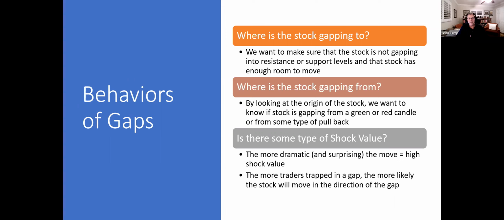And the author talked about the more traders that are trapped in a gap, basically by surprise, the more likely the stock will move in the direction of the gap. So that's a little bit of that psychology of the trade.